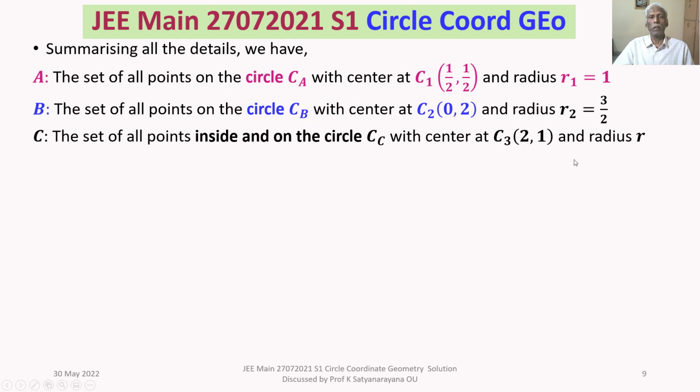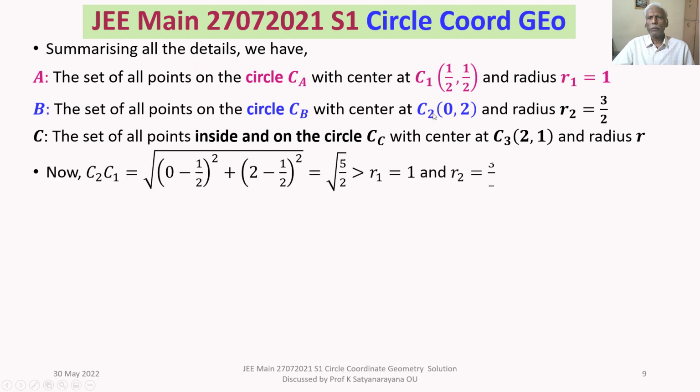Now, we observe the distance between C2 and C1, where C2 is (0, 2) and C1 is (1/2, 1/2). Using the distance formula, that is equal to the square root of 5 by 2, and this is greater than R1, where R1 is 1.